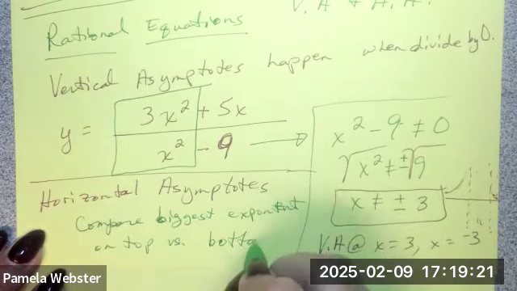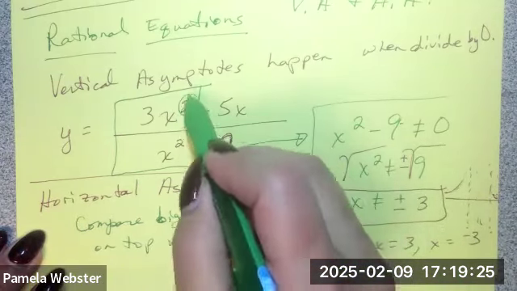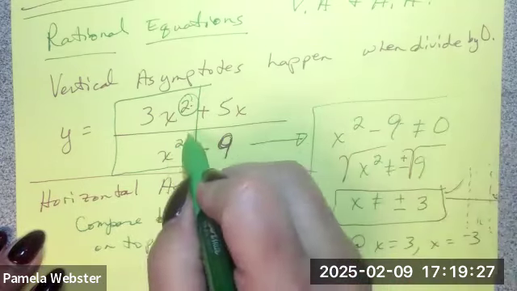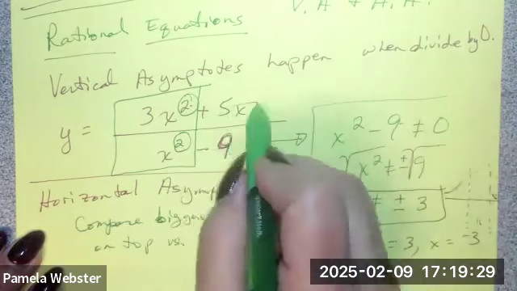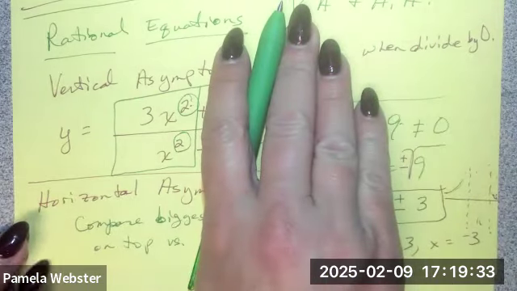That's all we're doing, right? So this is the case where the top is a 2 for the biggest exponent. The bottom is a 2, so we ignore this stuff back here. We don't care what's going on. So they have the same degree, top and bottom.